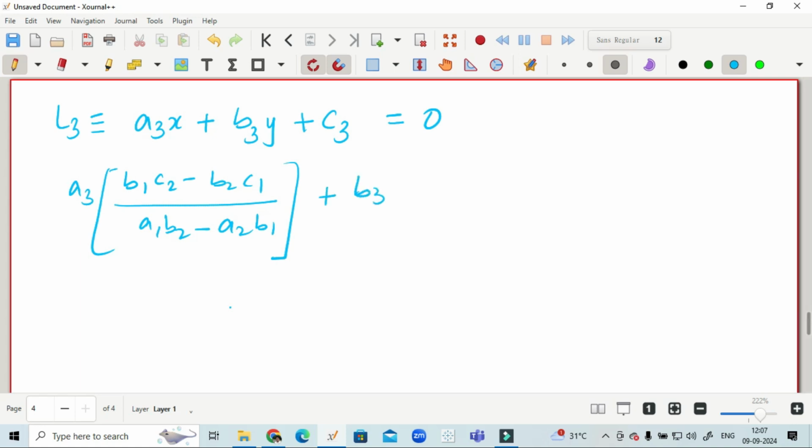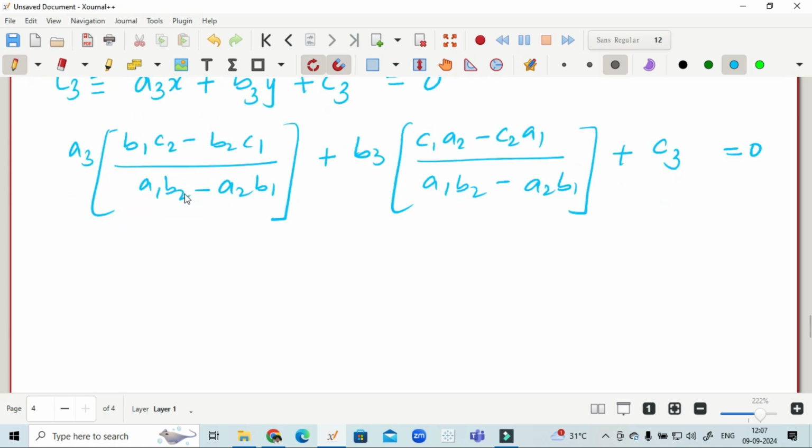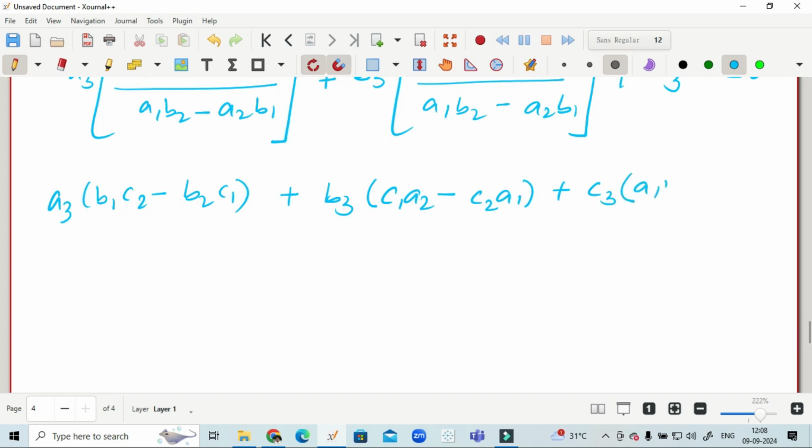Let us simplify it: a3(b1c2 - b2c1) + b3(c1a2 - c2a1) + c3(a1b2 - a2b1) = 0.